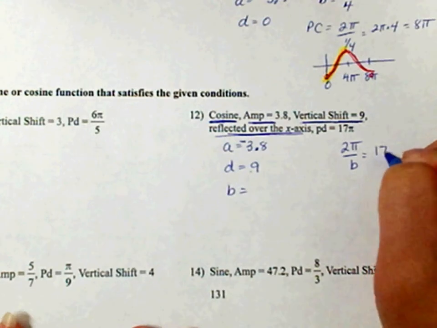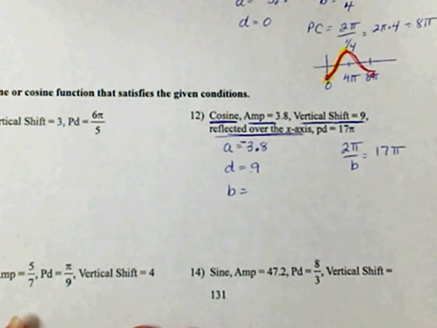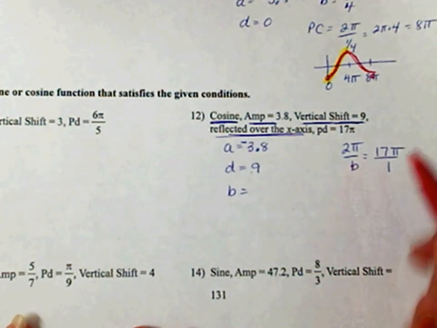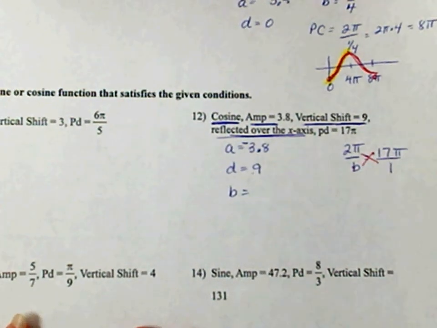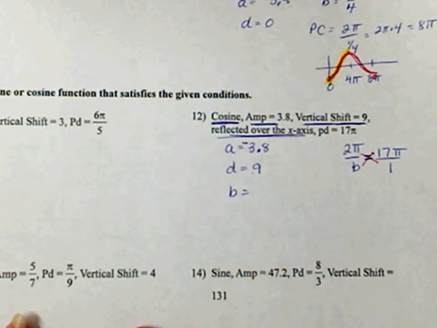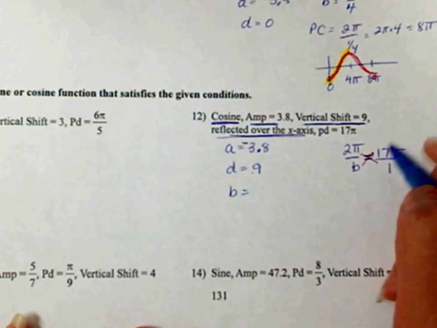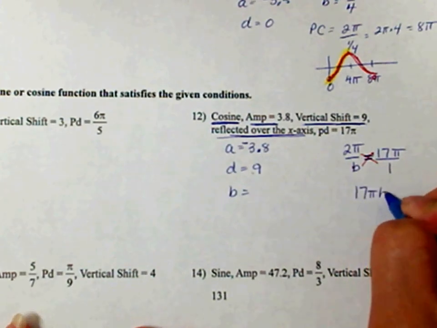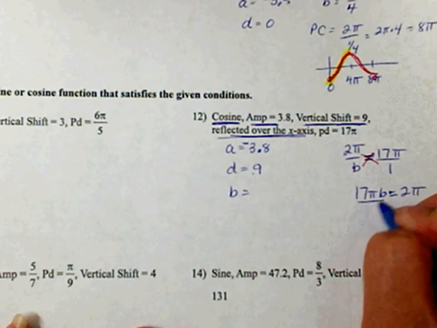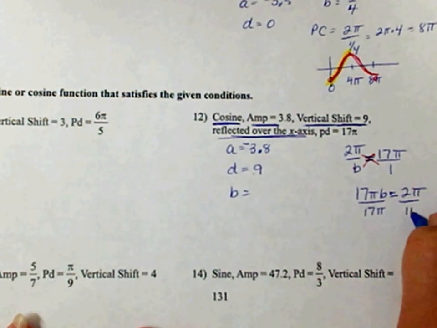Solve for B. Notice you have a fraction equals a fraction. You can always cross multiply when you have a fraction equal a fraction. It has to be an equal sign, okay? Cross multiply. 17 pi times B is equal to 2 pi. Divide both sides by 17 pi. Okay, pi cancels.